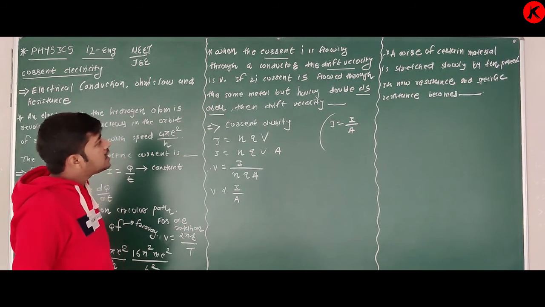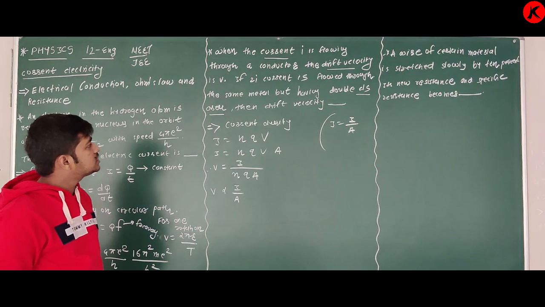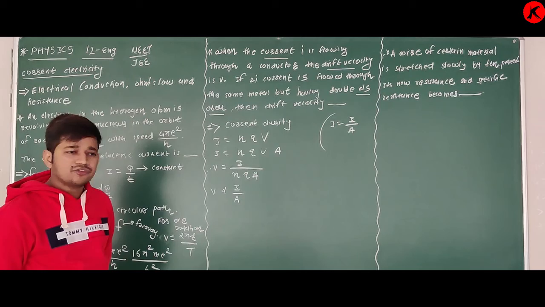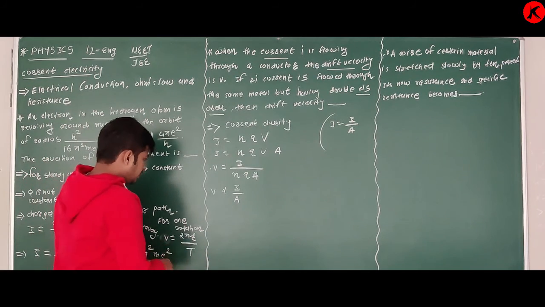Now current is doubled and cross-sectional area is also doubled. So what happens?